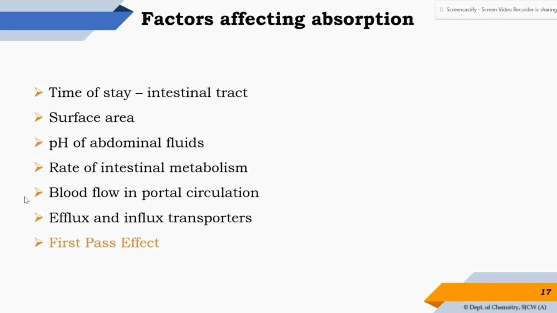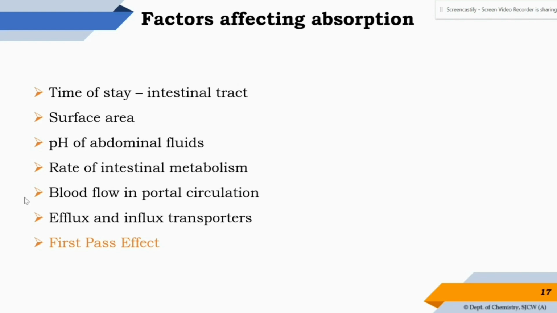See, it has not even entered the systemic circulation. So even before the drug has entered the systemic circulation, if its concentration is reduced, that effect is called the first pass effect.